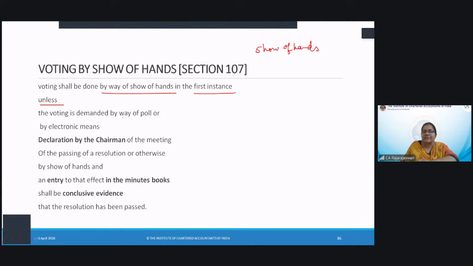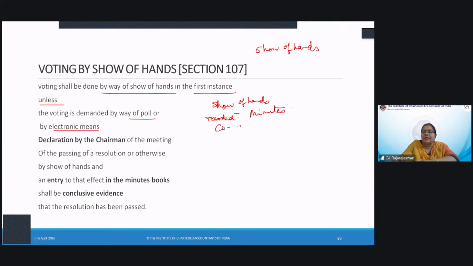Or if the voting is demanded by way of poll or electronic means, then the declaration by the chairman of the passing of the resolution will have effect and that will be recorded. Even in show of hands, if a company passes a resolution, that is effective and can be recorded in the minutes.